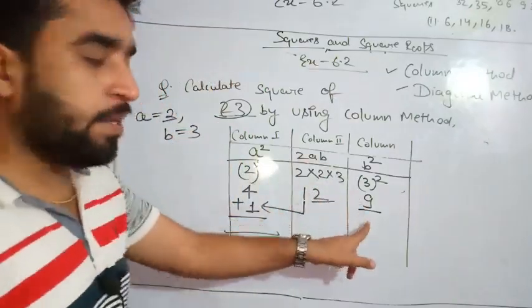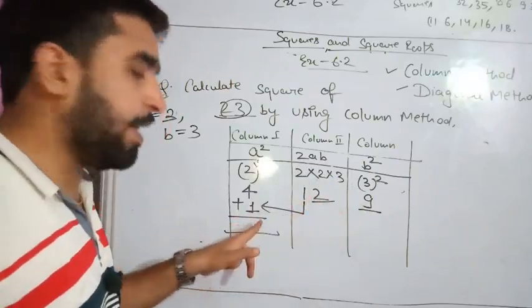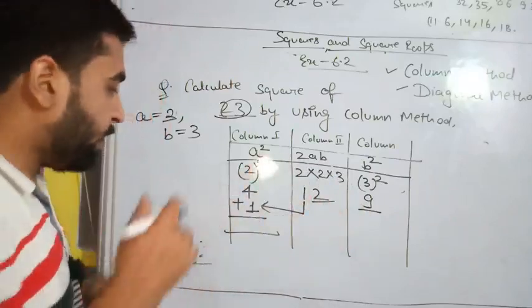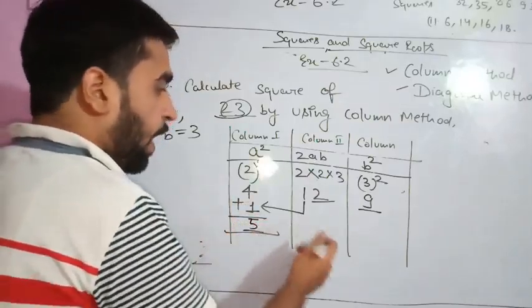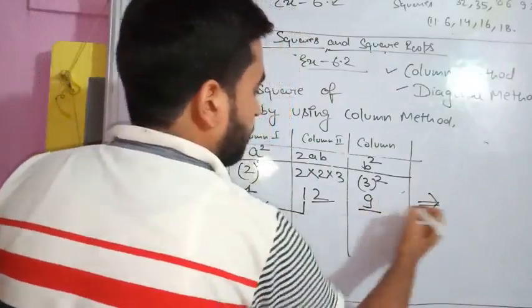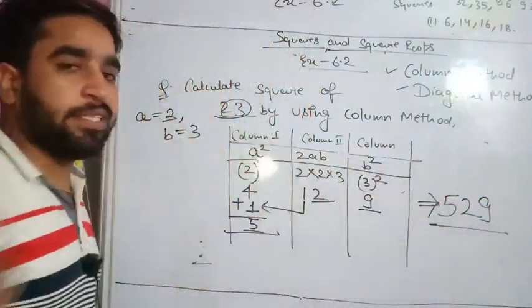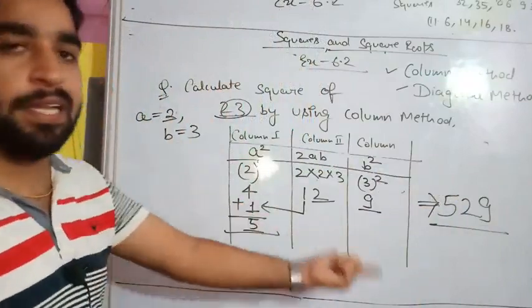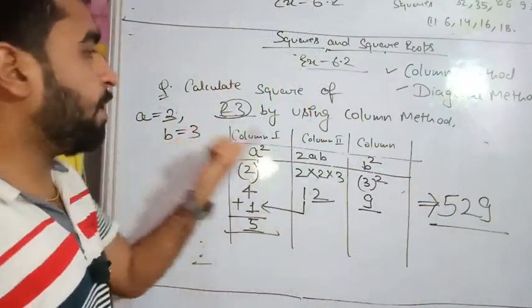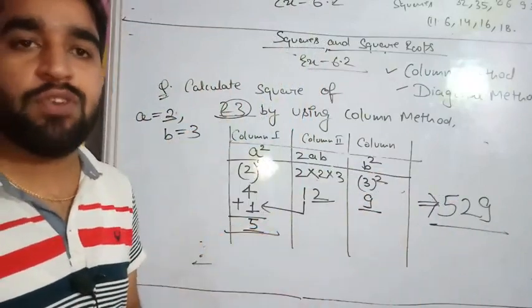So now add these two, 4 plus 1, 5. Now underline this number. Now write all the underlined numbers together. So what will you write? 5, 2, 9. This is the square of 23. So this is how we solve in column method. So the square of 23 by column method we have calculated, and that is equal to 529.